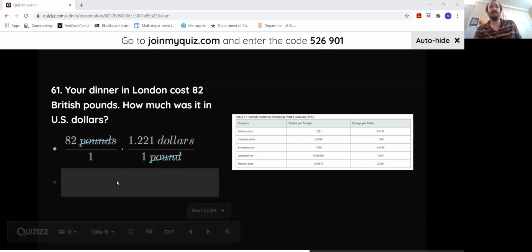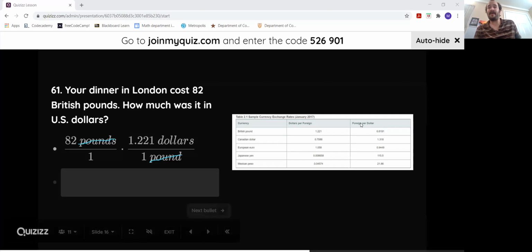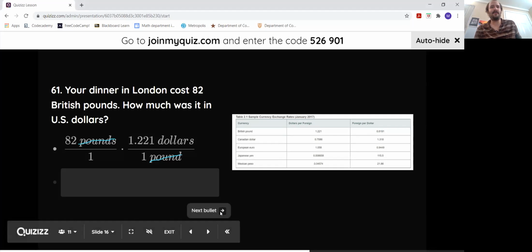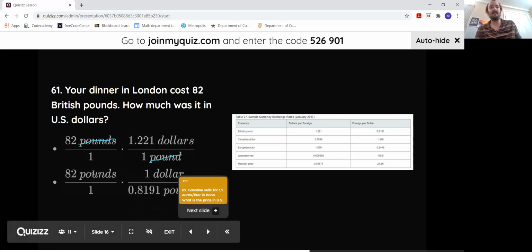The other way around, if I use this 0.8191, this means 0.8191 pounds per dollar. So that would indicate that 0.8191, which is my pounds, and if I'm starting with 82 pounds, I want my pounds to go away.